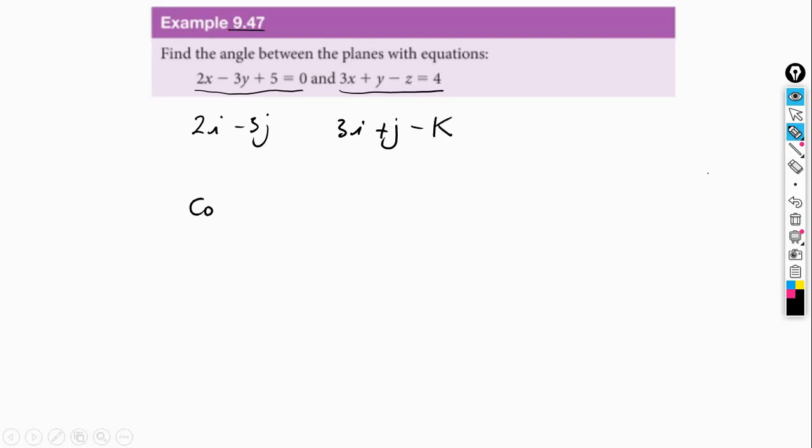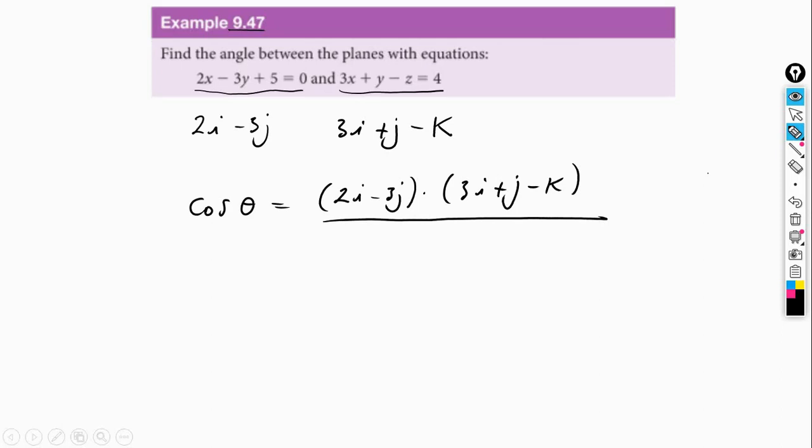So the cosine of the angle theta between them is going to be equal to the dot product between the normals. So that's going to be 2i minus 3j dot 3i plus j minus k, divided by the magnitude of the first vector, which is the square root of 13, times the magnitude of the next vector, which is the square root of 11.